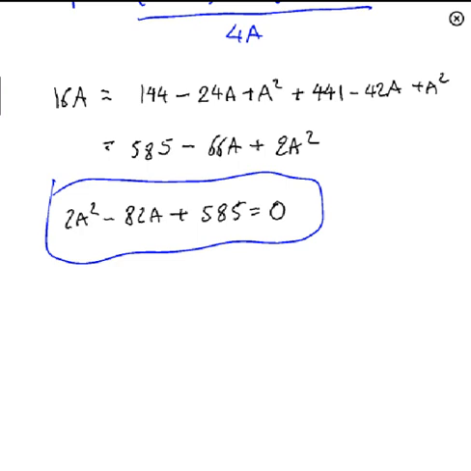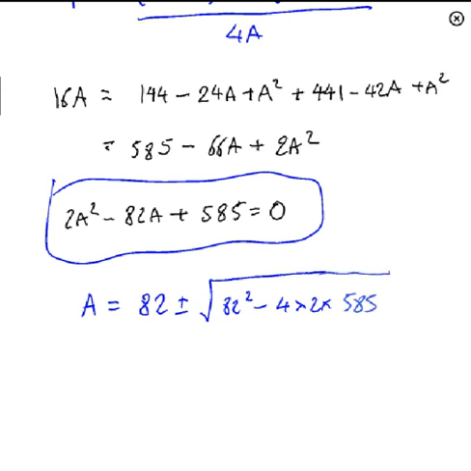Actually, you have to use the formula, don't you? So what do we do? So a is equal to minus b plus or minus the square root of b squared minus 4 times 2 times 585, all over 4.